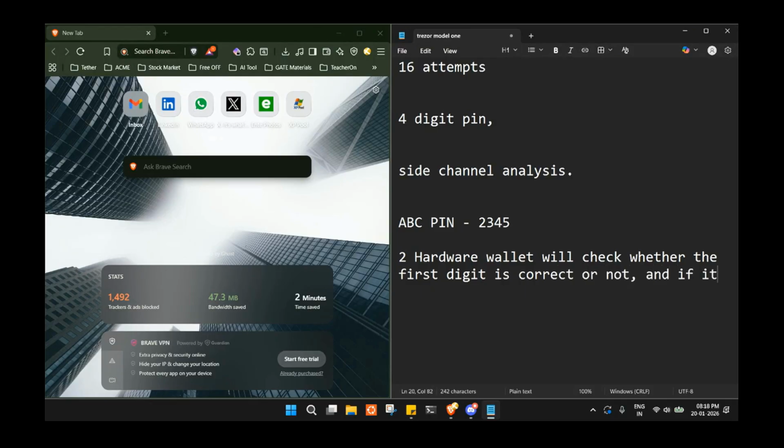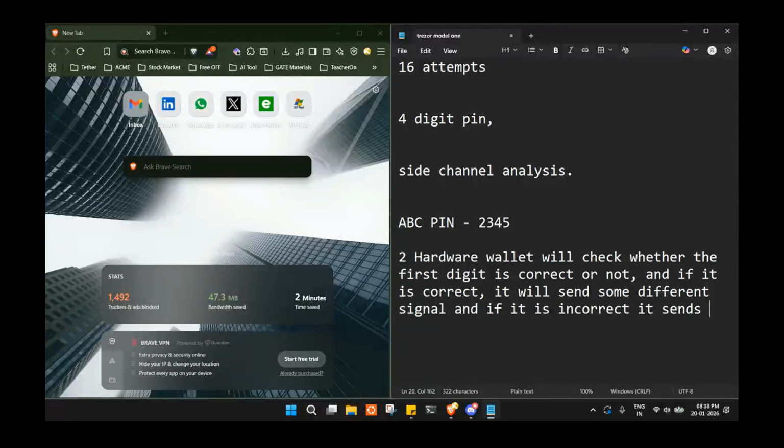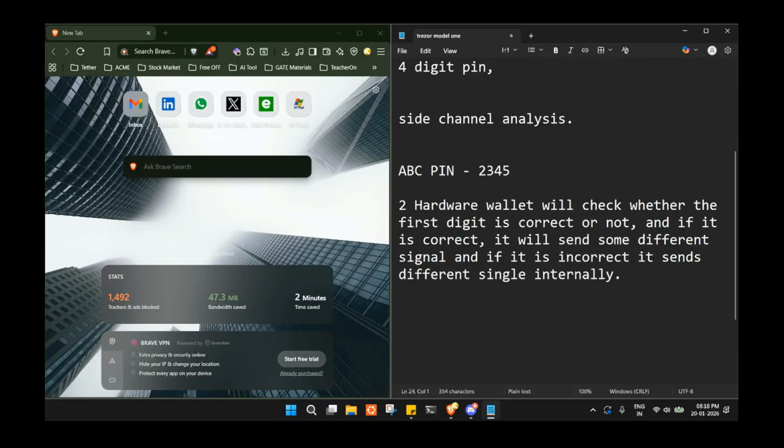If it is correct, it will send some different signal, and if it is incorrect, it sends a different signal internally. What I'm trying to say is, then it is very easy for me to crack.